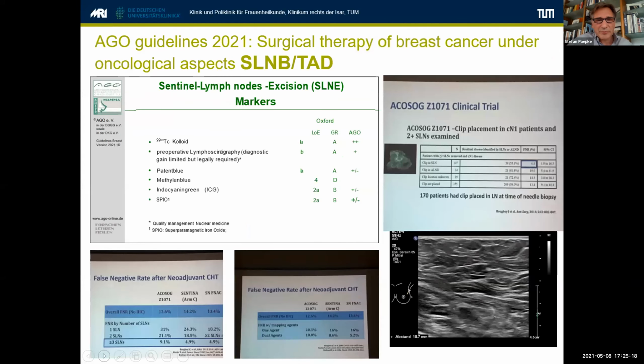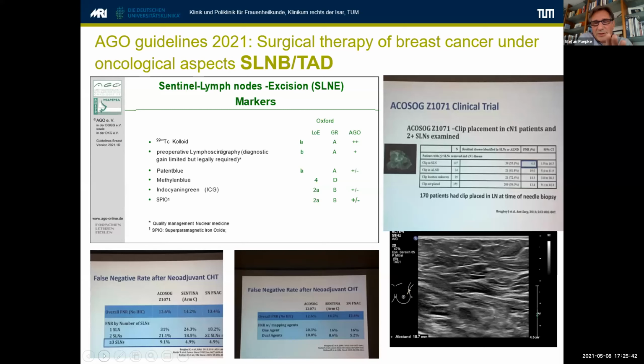For sentinel lymph node biopsy and for targeted axillary dissection it is the same. Technetium is the standard technique across Germany, but we are able to go for patent blue, ICG, and other techniques too. In the context of neoadjuvant chemotherapy, I will come back to these slides later.